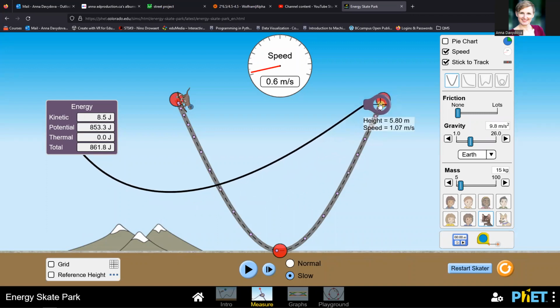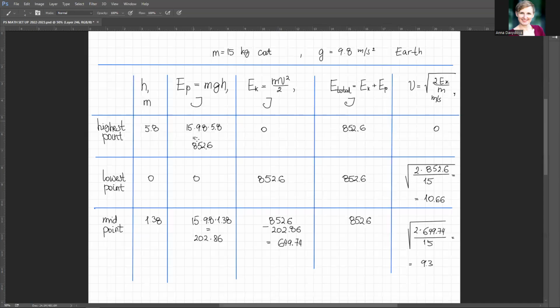There's a certain inconsistency, but 852 is very close to 861. Kinetic energy at the highest point is 0 because there's no velocity, and the total energy of the object is equal to 852.6 joules, exactly the number of the potential energy in joules.